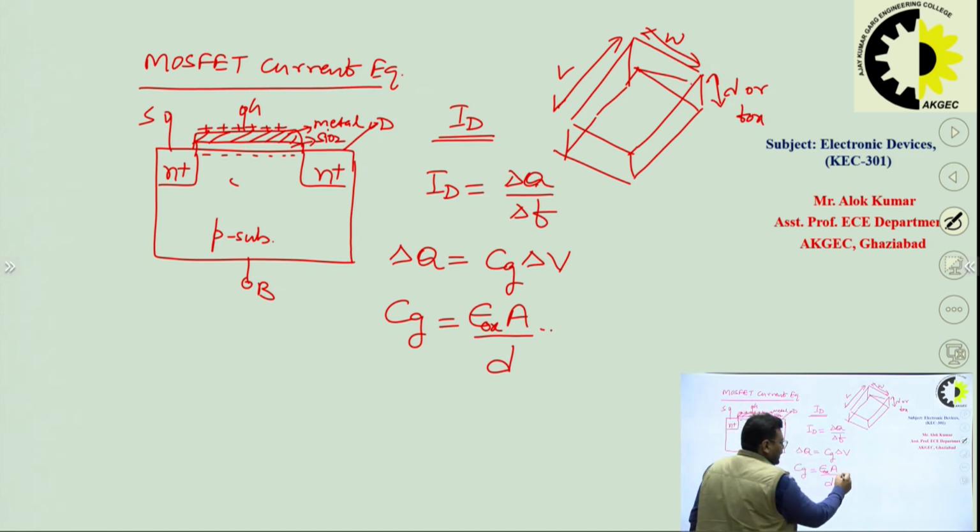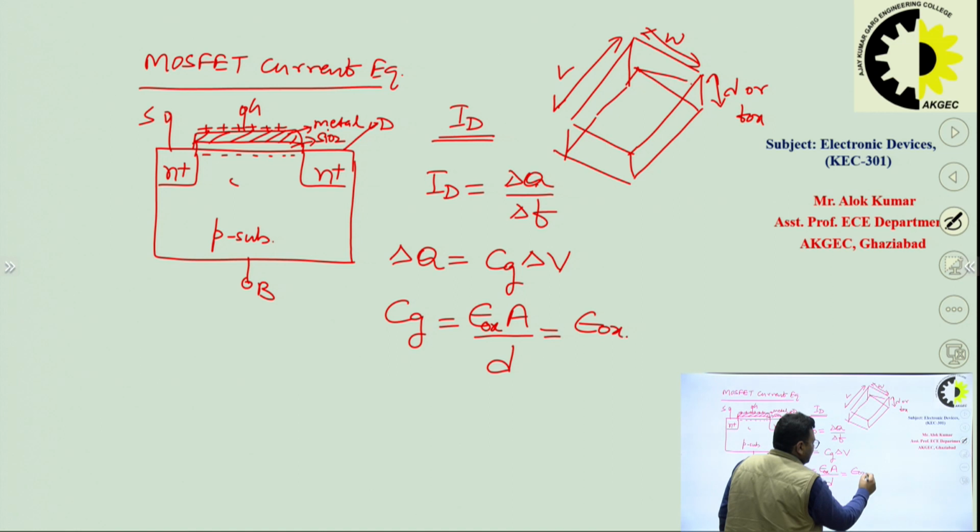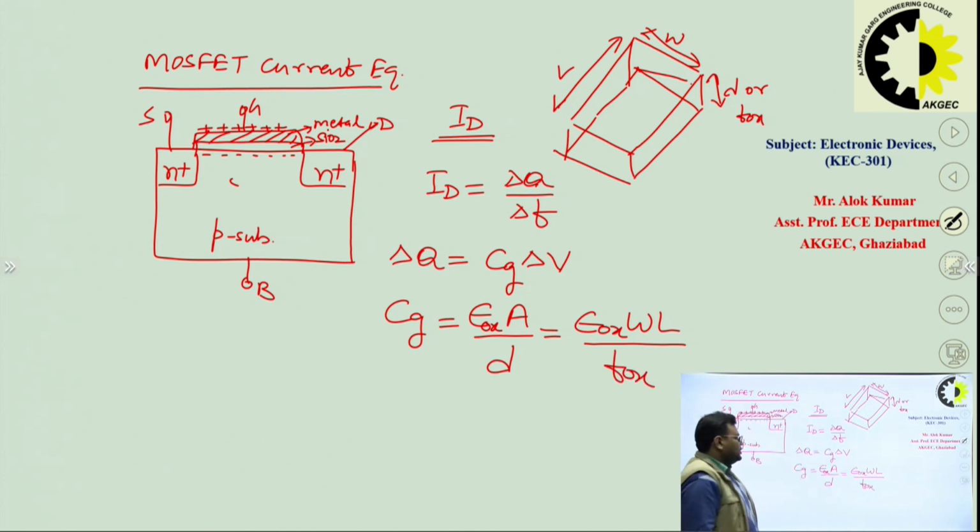So, we can replace this A by W into L, divided by the thickness of the oxide, which is TOX. So, Cg can be written as epsilon OX into W into L divided by TOX, right.